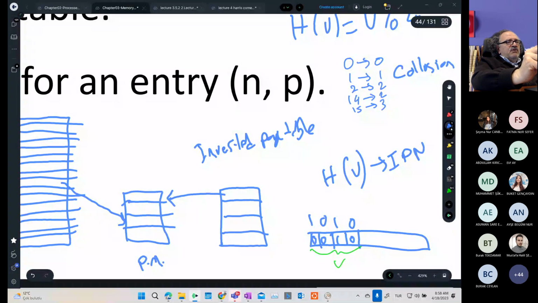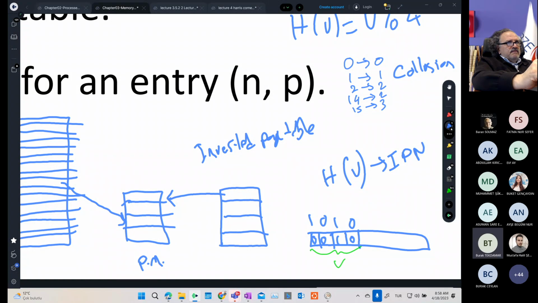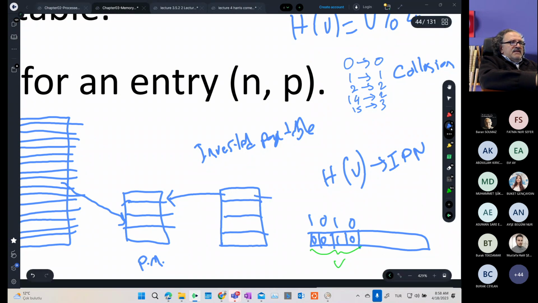And how do you handle the collisions in the hash tables? We can use double linked lists. Yeah, we can put a linked list in here. This is my first entry, this is my second entry.